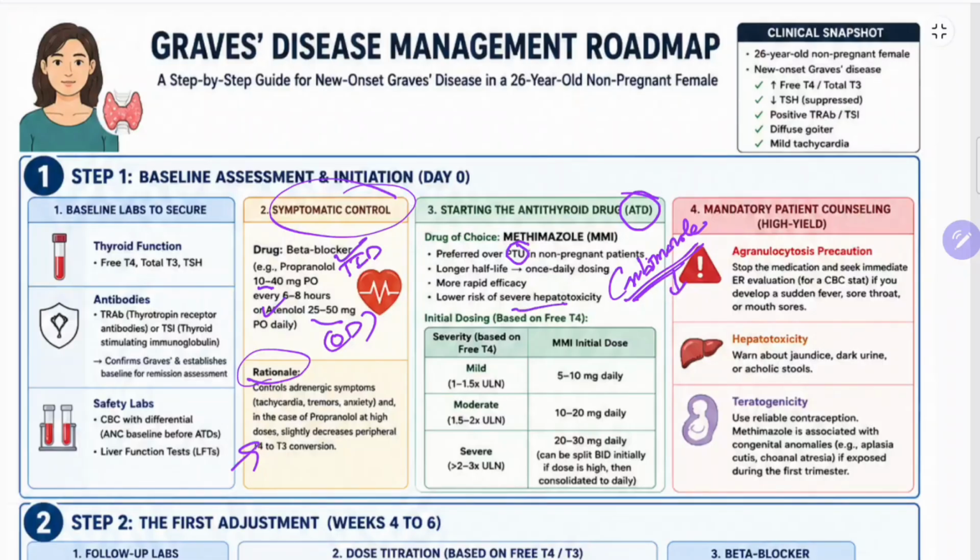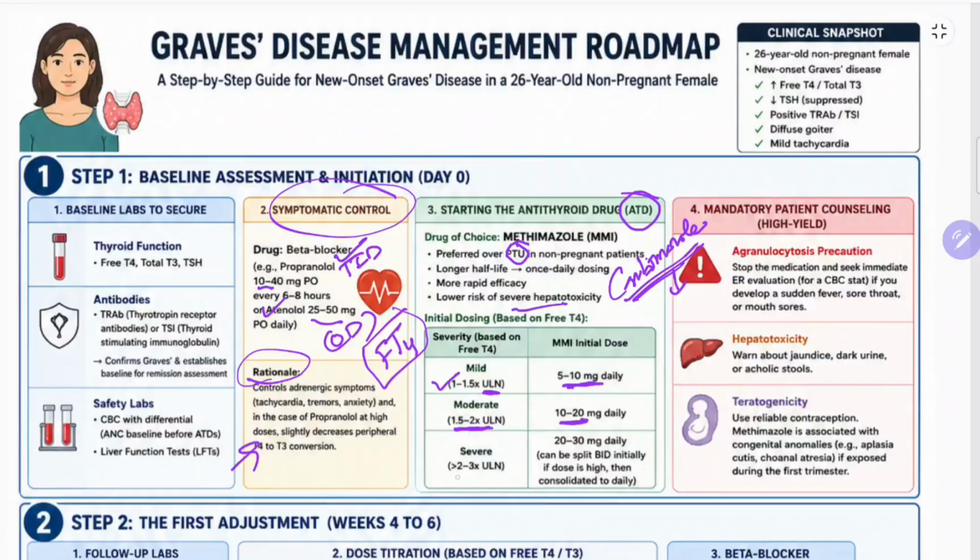Now how will you dose? You will dose according to the elevation of free T4 levels. See here, if the elevation of free T4 is 1 to 1.5 times the upper normal limit, then the MMI, meaning methimazole dose, is 5 to 10 mg per day. If the elevation is 1.5 to 2 times the upper limit of normal, then the dosage is 10 to 20 mg per day.